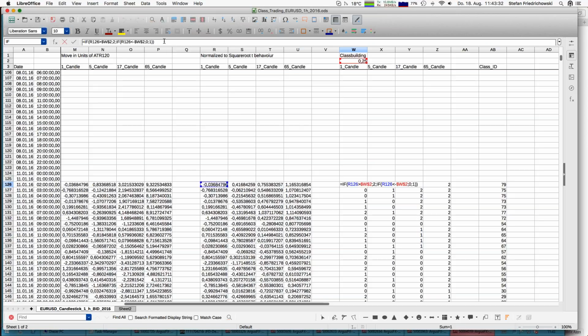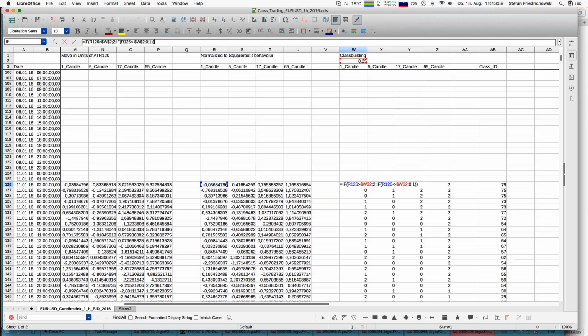How do I go to those 3 numbers, 0, 1, and 2? I have a threshold for that kind of class building. In this case, simply 0.25. I can change it. And if you look at what I do here, you can see that I compare my normalized movement with that number.